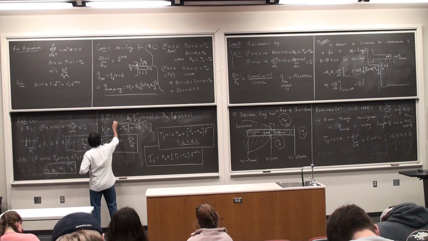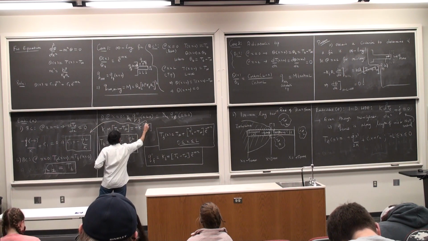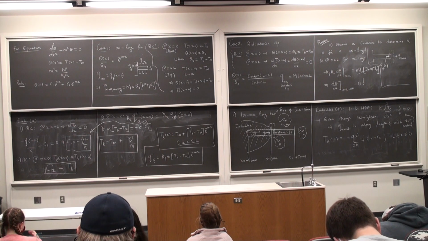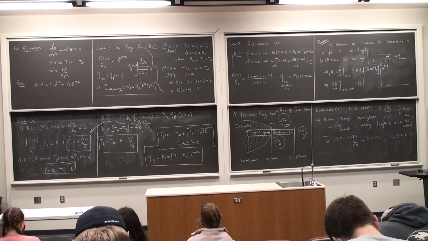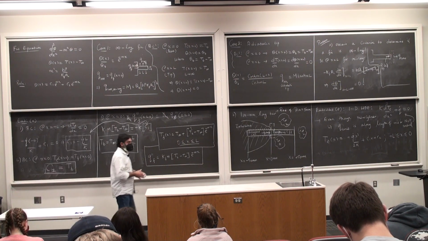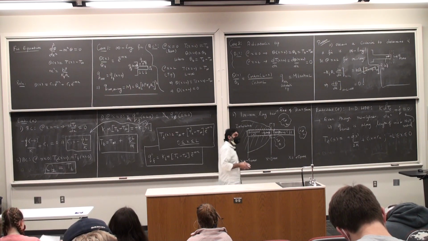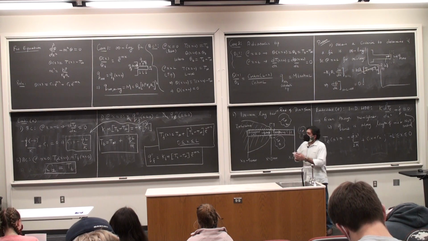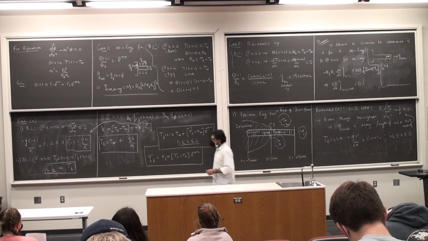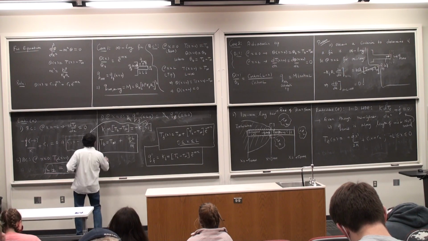All the numbers are known to me. T infinity is 20, Q dot is 1 megawatt per meter cube, length is 50 millimeters, and little m we calculated some time back. Just plug in those numbers, and you'll see it in my work when I post it on Carbon.